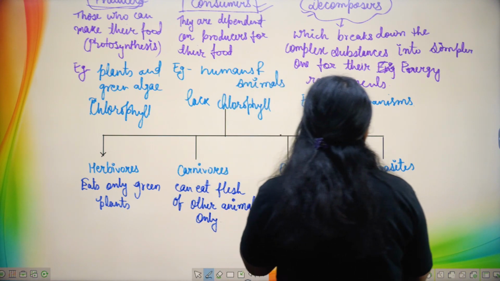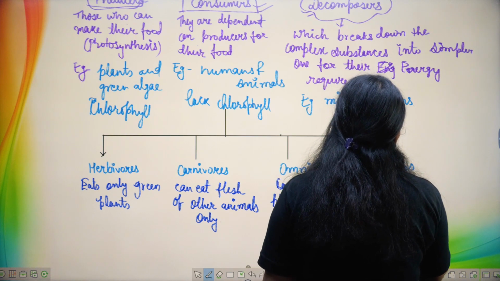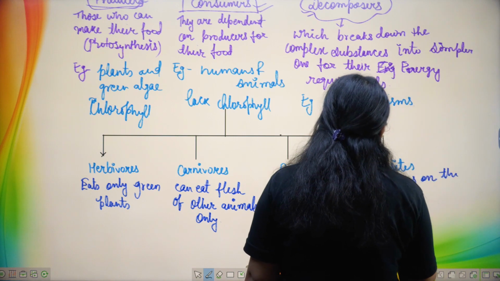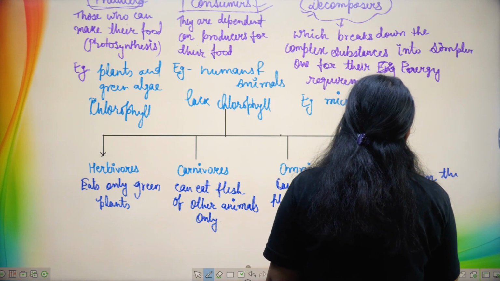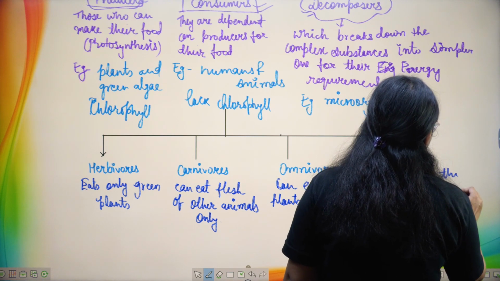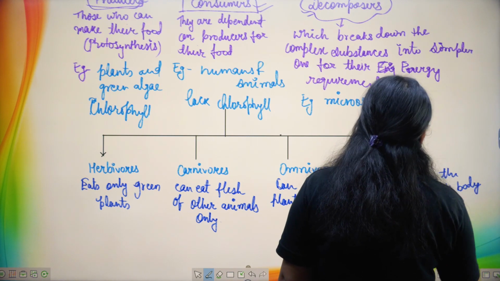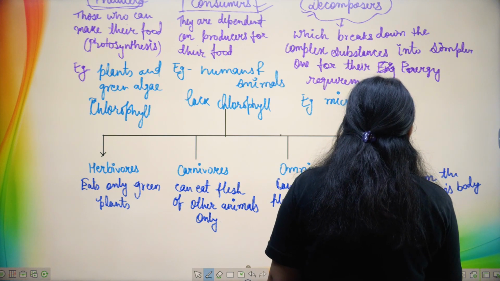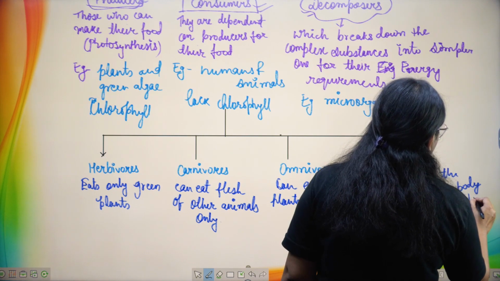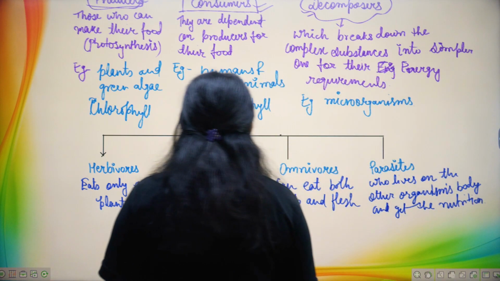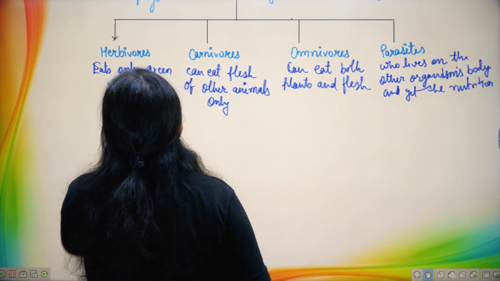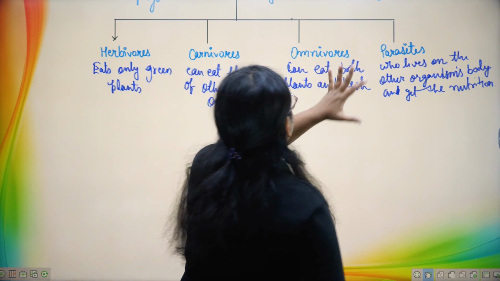Then comes the parasite, which lives on other organisms' body and gets the nutrition from there. So now consumers can be divided further as herbivores, carnivores, omnivores and parasites.